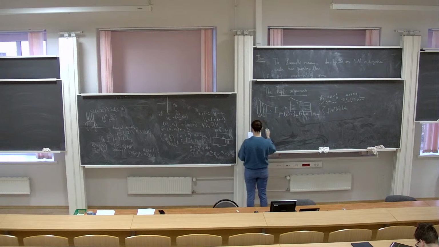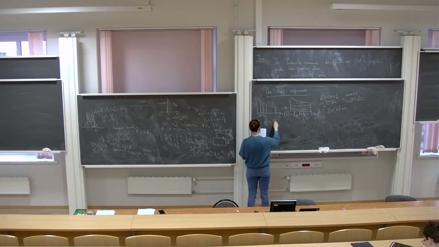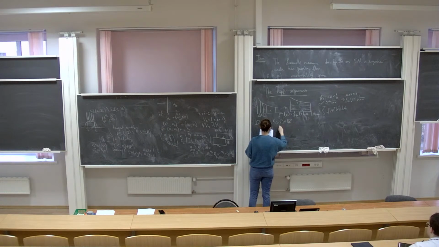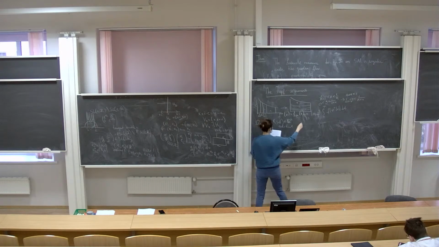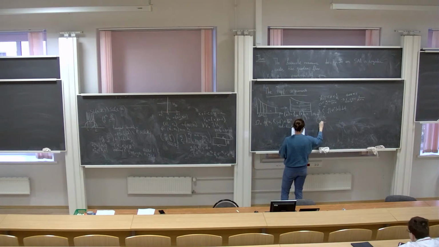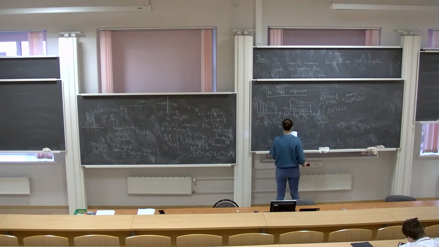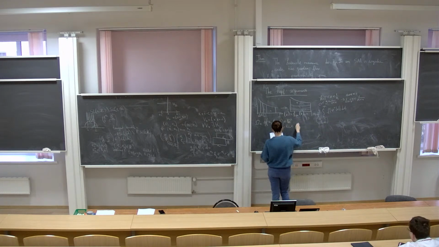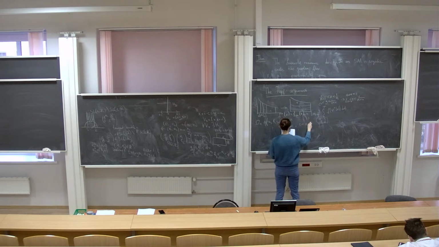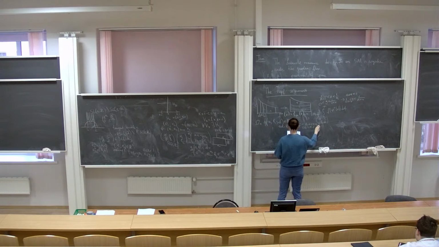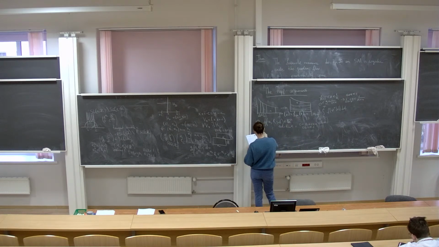So we consider a few subsets of this four-dimensional space. Because we act by AC minus BD, it's an inverse matrix. Then we do a sigma 1.